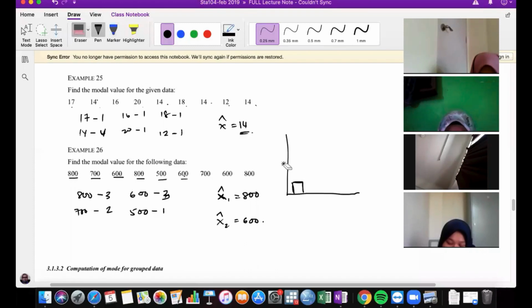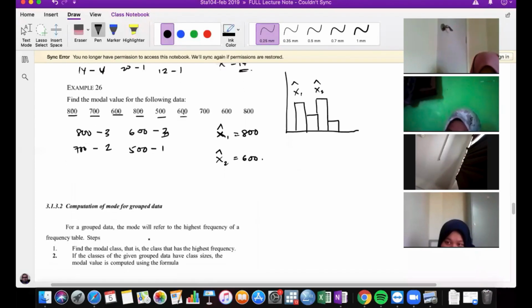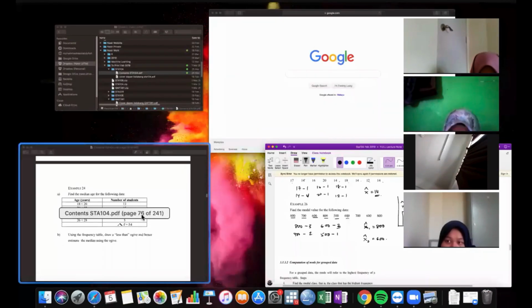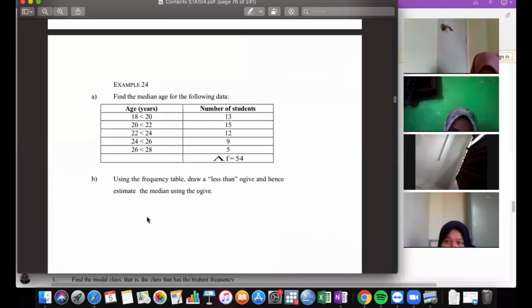So let's start with 800 first. 800 we have 3, and 700 should be equal to 2, and 600 is 3, and then 500 equals 1. So you're going to see there are 2 modes. Right. So this is how you calculate mode for ungrouped data.